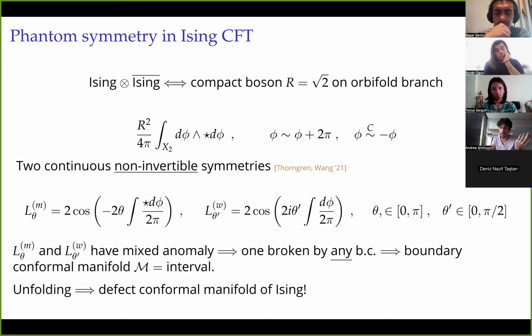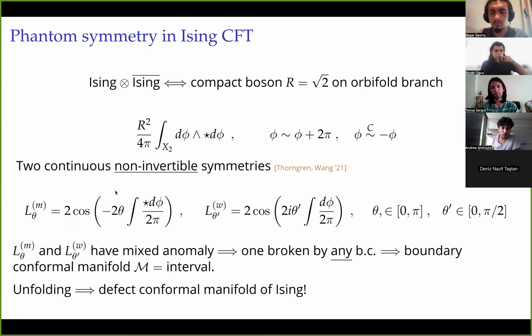It's not the Kramers-Wannier duality symmetry of the Ising model, but these two symmetries. And why are these two symmetries there? I will explain from a slightly different viewpoint in a while, but this is just coming from the standard momentum and winding symmetry of the compact boson, where after you include charge conjugation, you have to combine them, and instead of taking the exponential, you have to take a cosine.